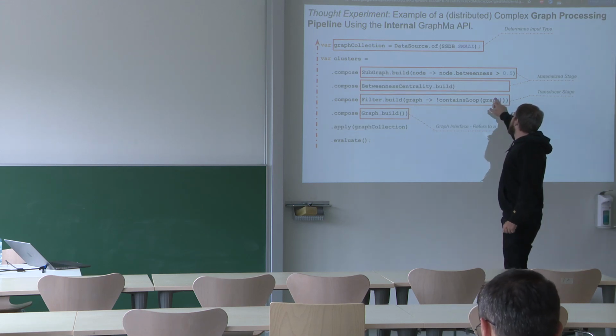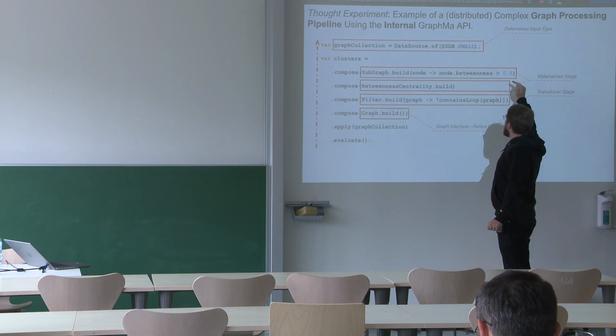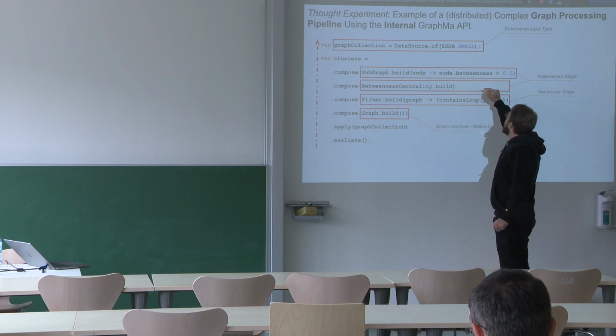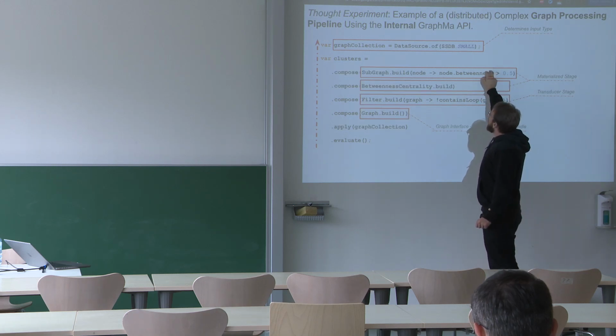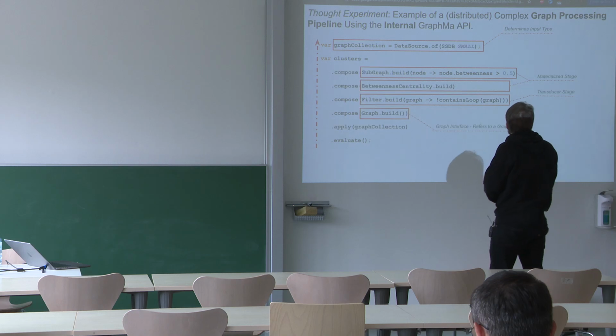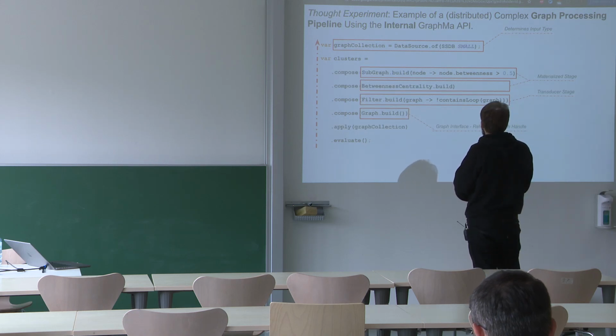We filter out those that are loopless, so to speak. We calculate the betweenness centrality and filter out those subgraphs that have a betweenness centrality above 0.5, sorry.